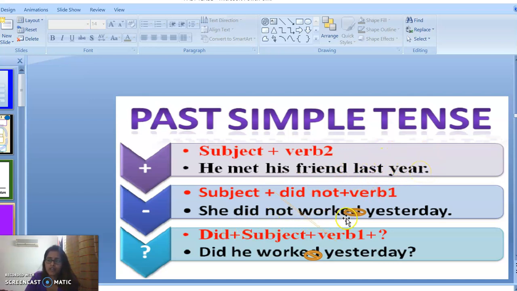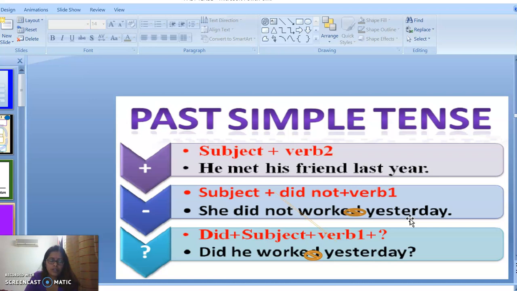Similarly, she did not work yesterday is a negative sentence, and another one is an interrogative sentence. Did he work yesterday? Yesterday again stands for a past time frame.